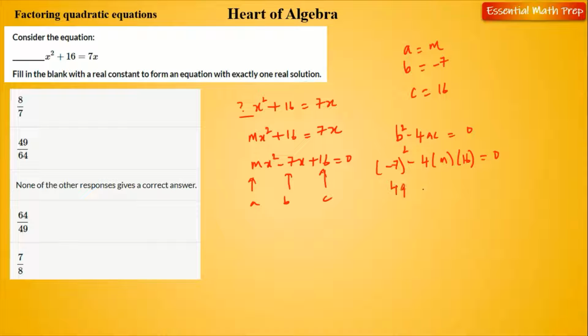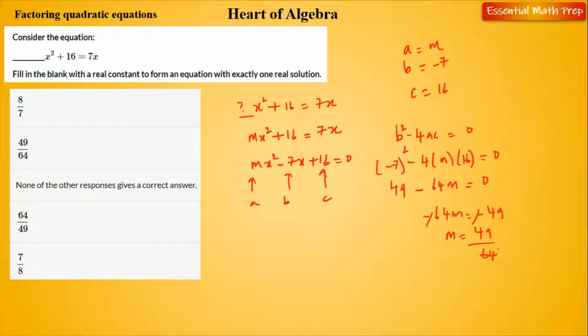So 49 minus 64m equals 0. -64m equals -49. The negative cancels out. m equals 49 over 64. Can you reduce it any further? Well, we know that 49 goes by.